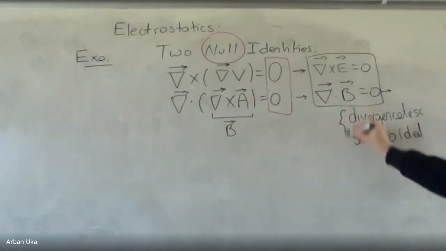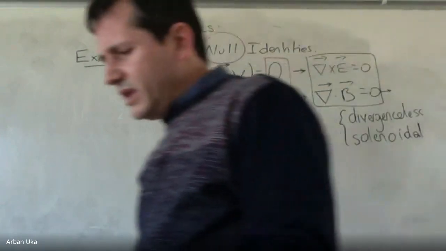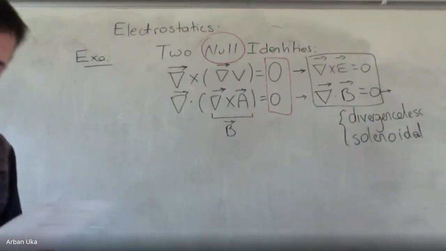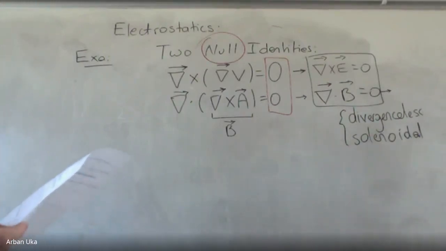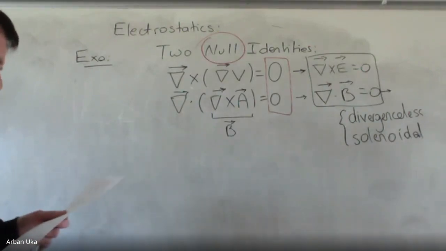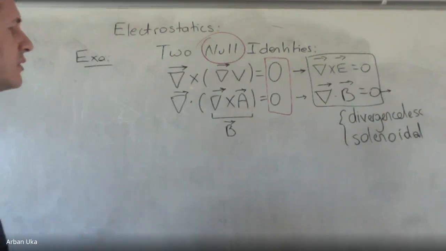So the magnetic field, that's what it is, for the sake of obeying such a vector quantity. These null identities, I would ask you to go over and look at in the book. In terms of these two null identities, any field can be considered as solenoidal or irrotational.